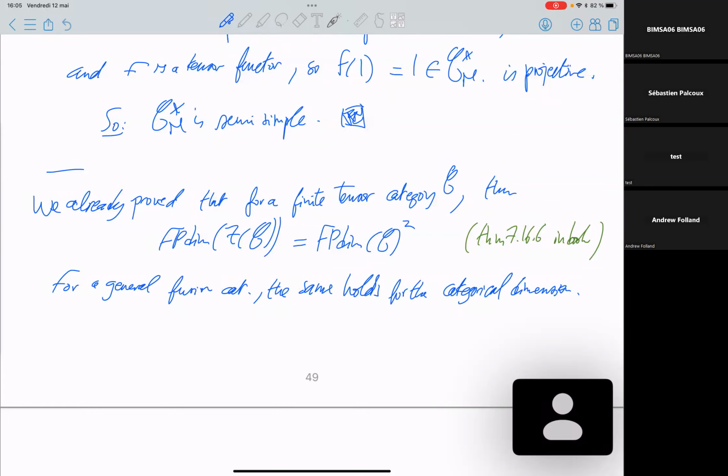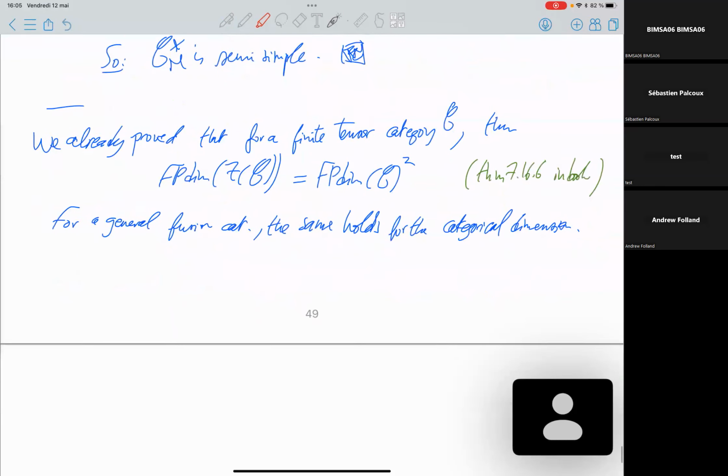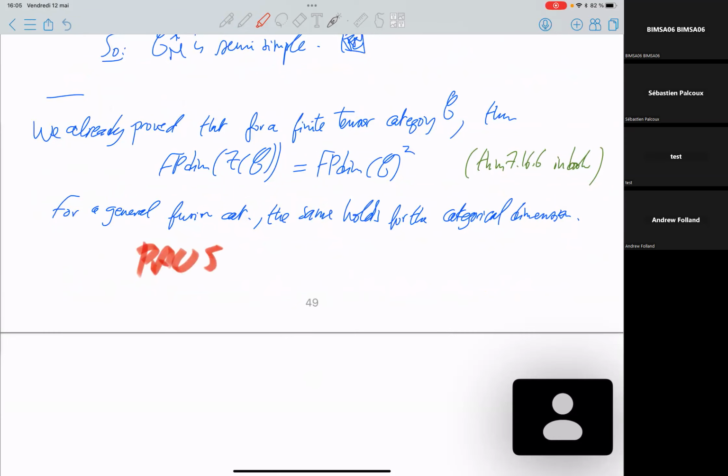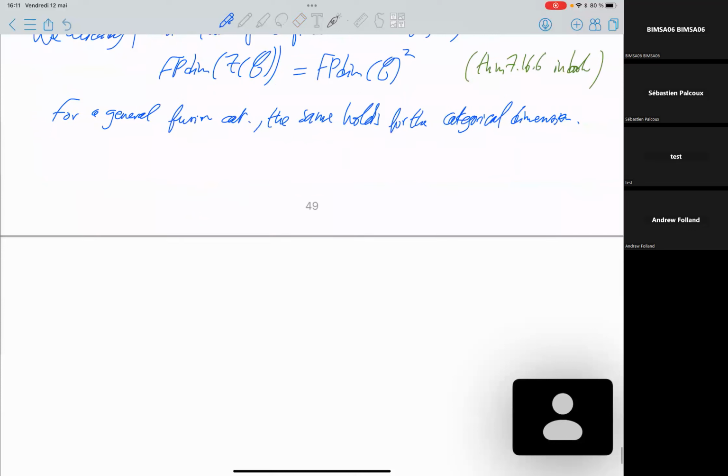And we will state and prove that after the pause. Okay. So let me state this identity for a general fusion category. Proposition.